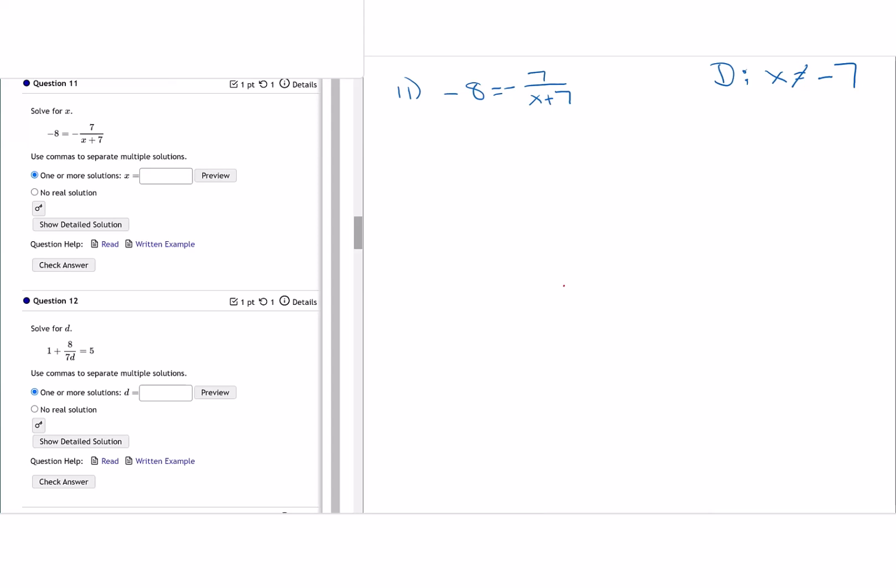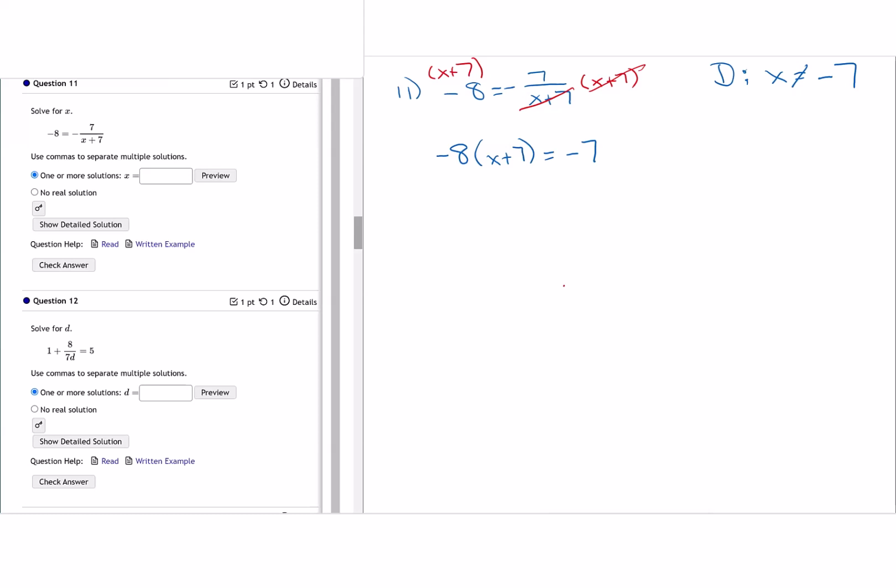And how do I solve it? I'm going to multiply both sides by x plus 7. This cancels with this, and I get -8 times x plus 7 equals -7.